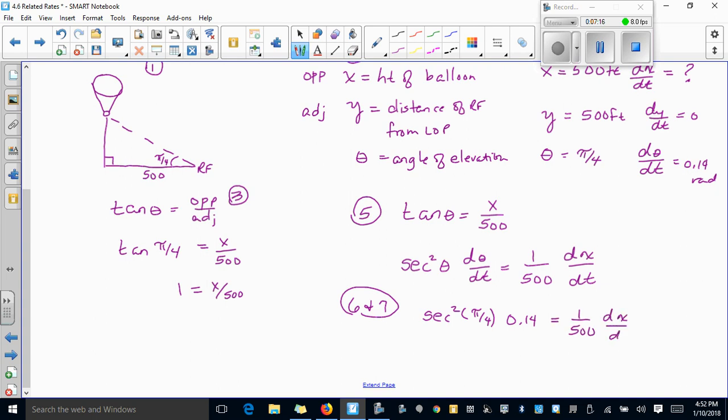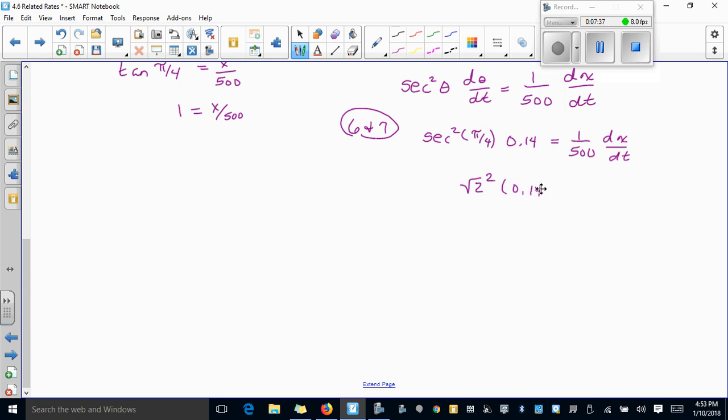So this is going to be 2 times 0.14 or 0.28 equals 1 over 500 dx/dt. Multiply both sides by 500, and we get dx/dt is equal to 140.